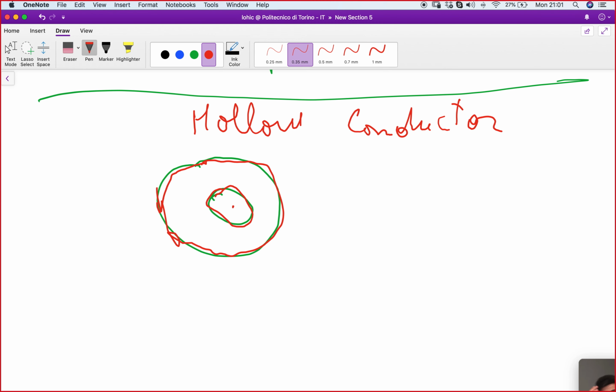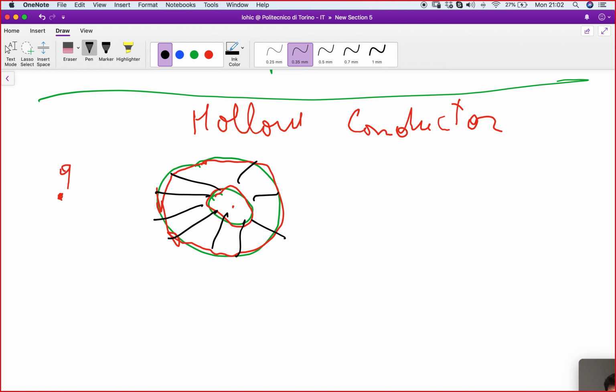Now imagine I put a charge Q here outside. What is the internal part of this conductor? The internal part, pay attention to this, is just this. Yes or not?